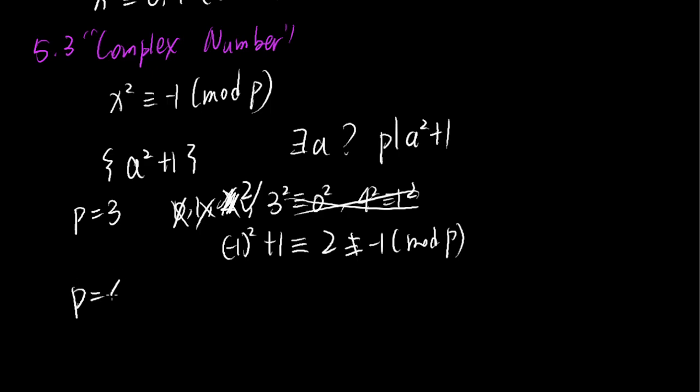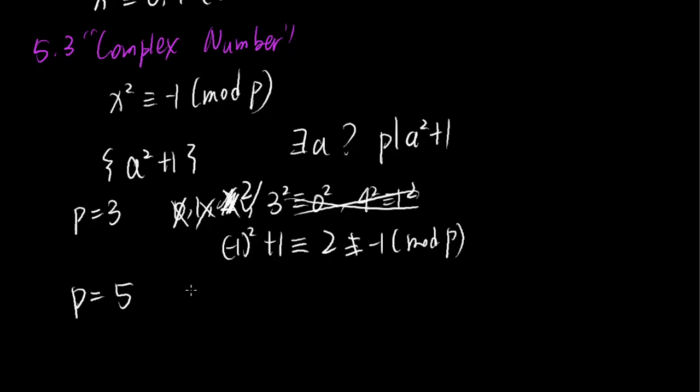And when p is equal to 4, we need not consider 0. We also don't need to consider 1, because 1 squared is congruent to 1. And 2 isn't a valid solution. 3 squared is 9, and we don't need to consider 4, because 4 isn't a prime, right?